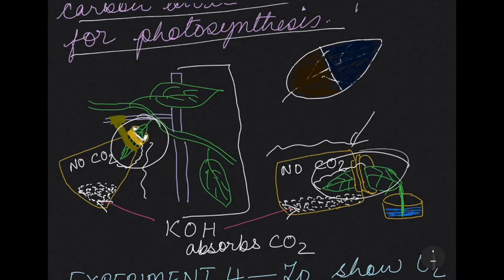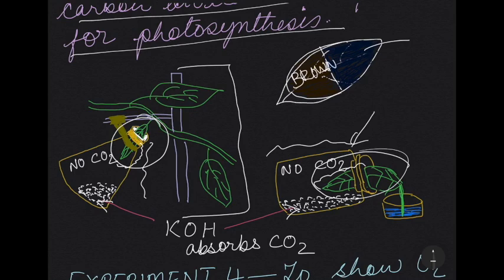You know how to perform the iodine test. Put it in boiling water to kill the cells, then put it in methylated spirit to remove the chlorophyll. It becomes hard and brittle. Then you place it in warm water to make it soft, and then you pour iodine solution over it. So when you pour iodine solution over it, you will see the portion of the leaf which was inside will turn brown in color. Why is it turning brown in color?